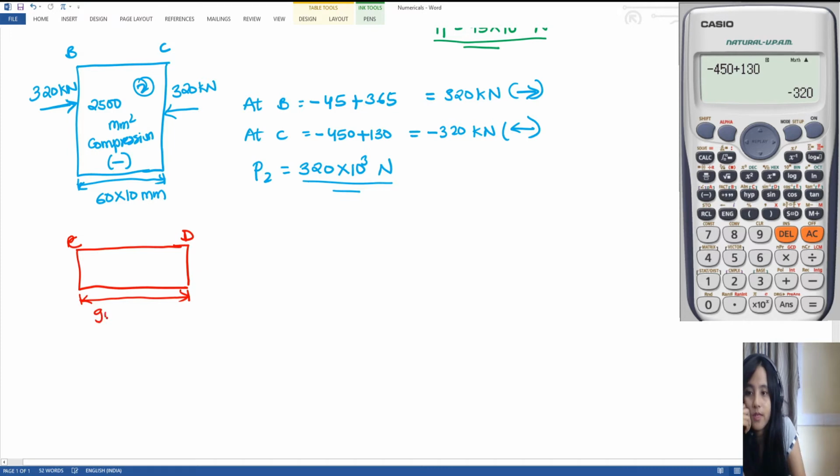So we have 90 into 10 mm, right? And its area is 1250 mm square. Now let us find force at C.